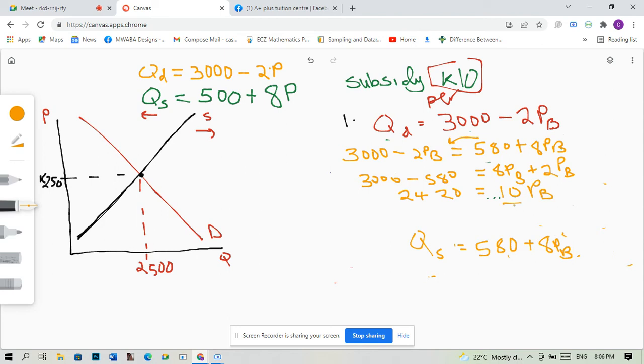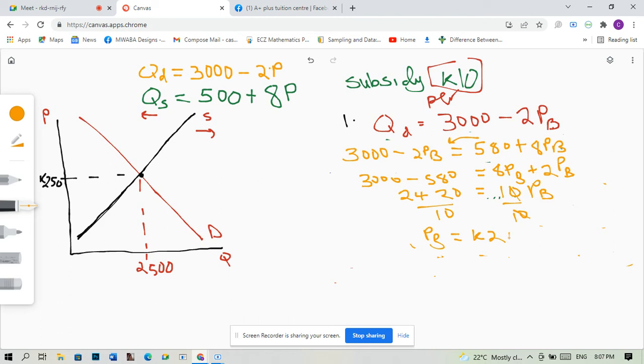To get the value of PB, we're going to divide both sides by 10, okay? So 2420 divided by 10, and our PB equals 242 kwacha.